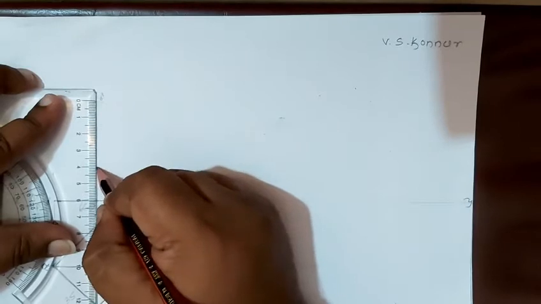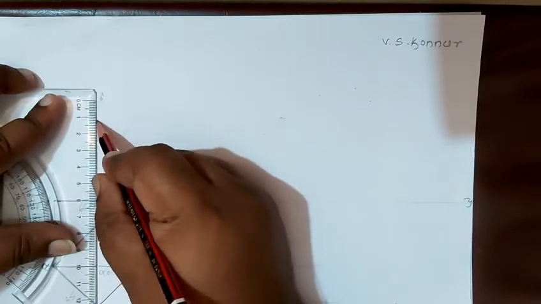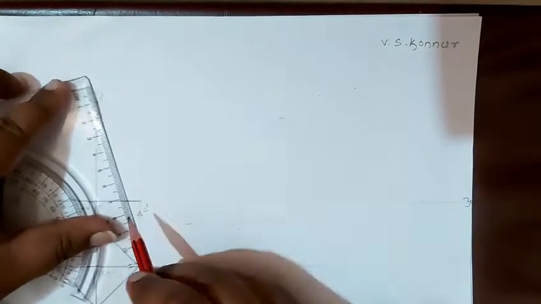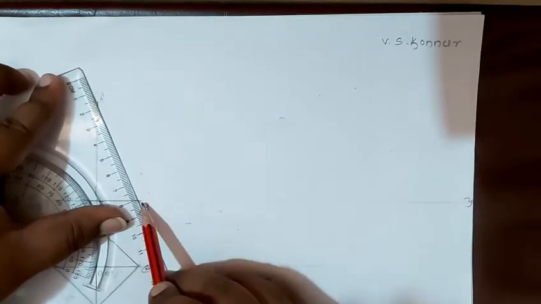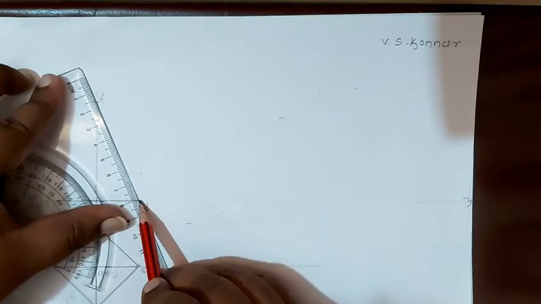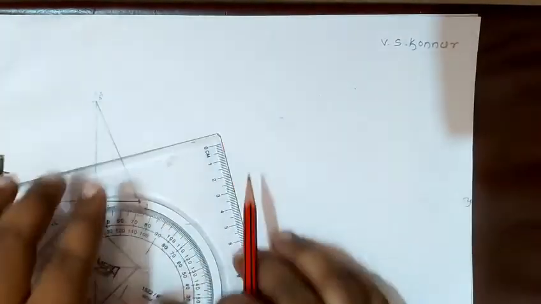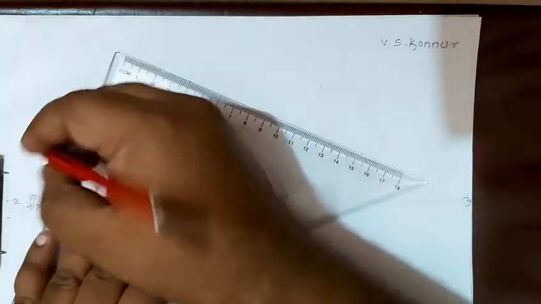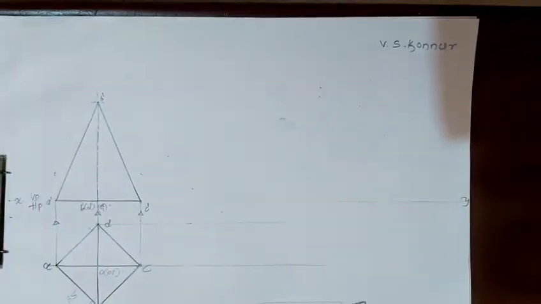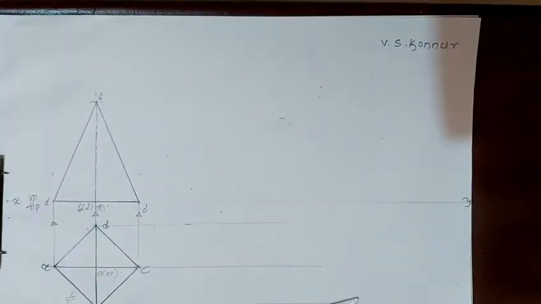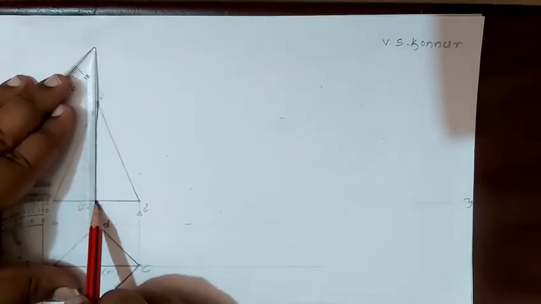Small dash, big dash indicated by the axis line, and all the points are joined to the O point. Because OB is an edge, O1 is not visible, so we'll make this also dark.